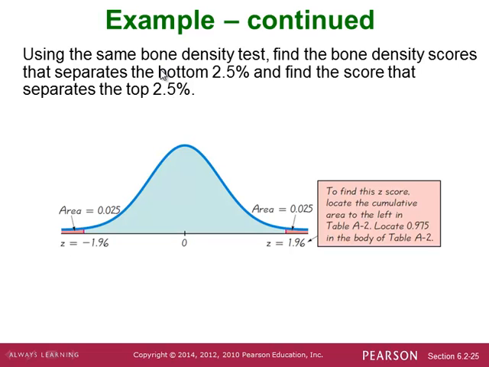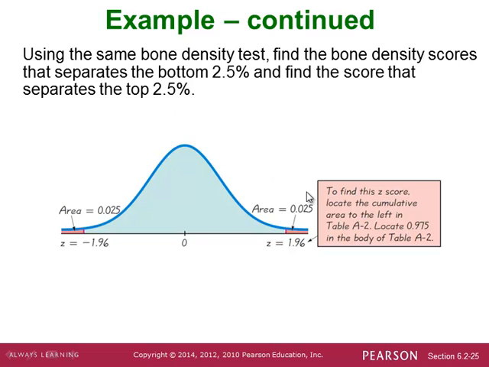So, to answer the question, the bone density scores that separate the bottom 2.5% and the top 2.5%: negative 1.96 is the z-score that separates the bottom 2.5%, and 1.96 is the bone density score for the top 2.5%.